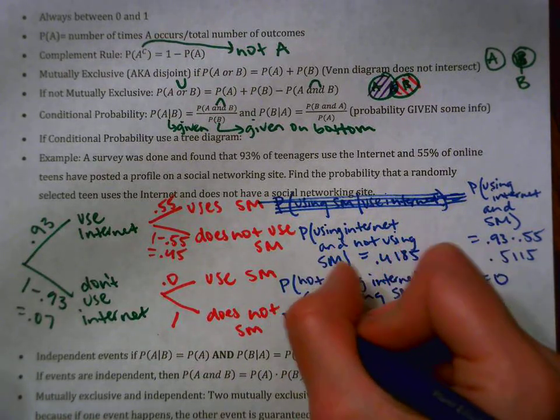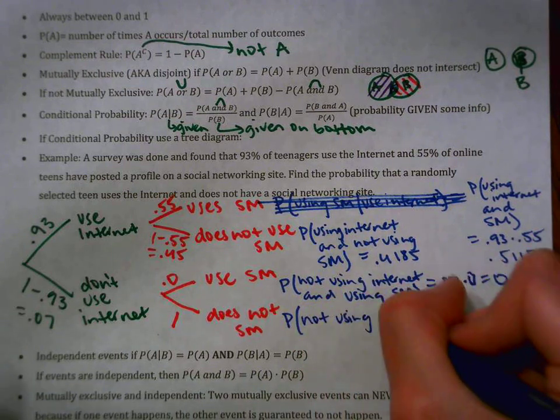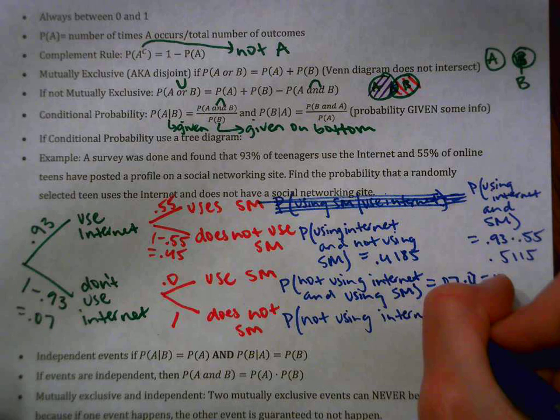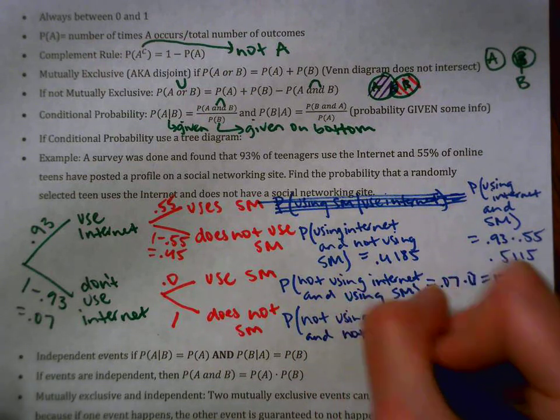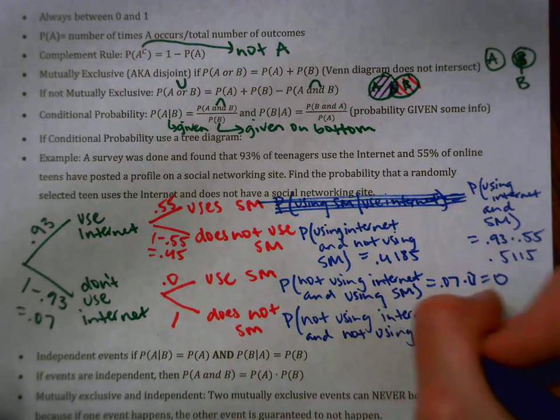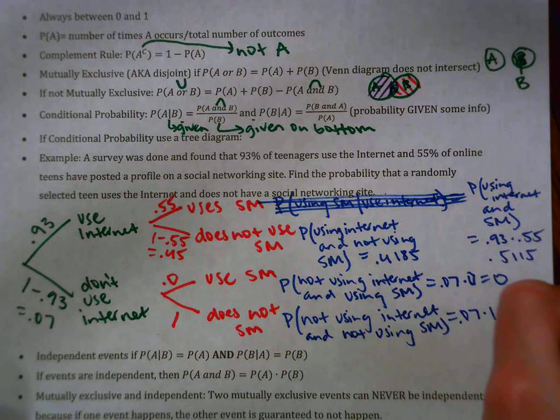And then the last one, the probability of not using internet and not using social media is 0.07 times 1, which is 0.07.